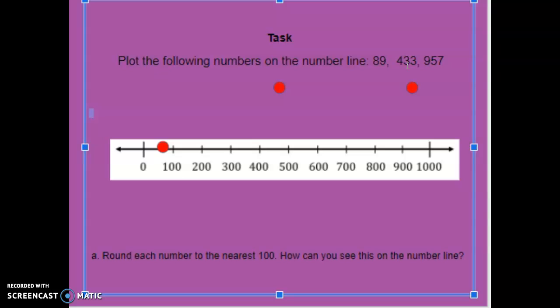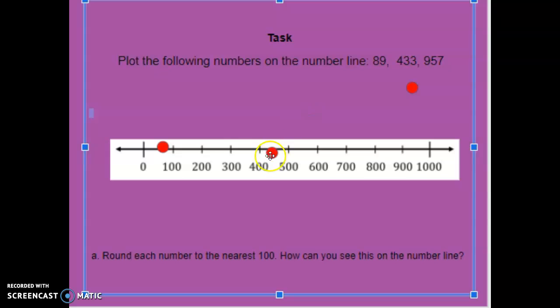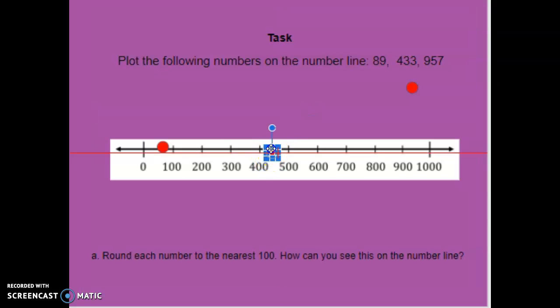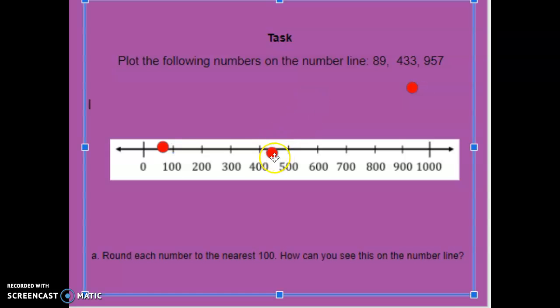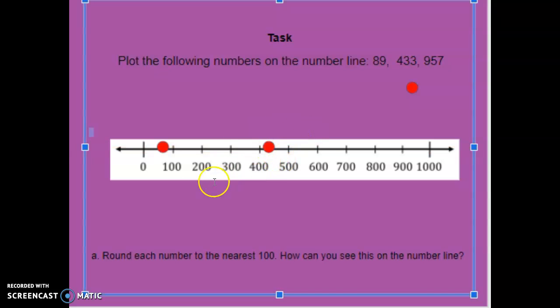So if I'm counting, am I going to say 433 before or after 450? And hopefully you said before. So that means that this particular one is going to land on the number line somewhere before 450. And it's a little hard to get it exactly right, but it's not right in the middle, which is what we want. It's going to be a little closer to 400.